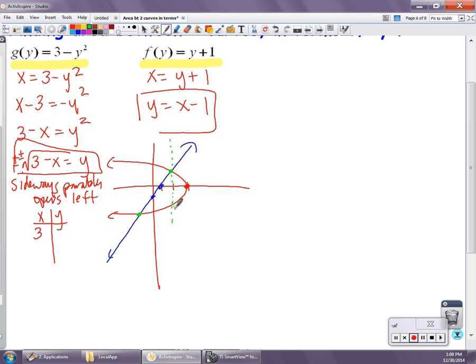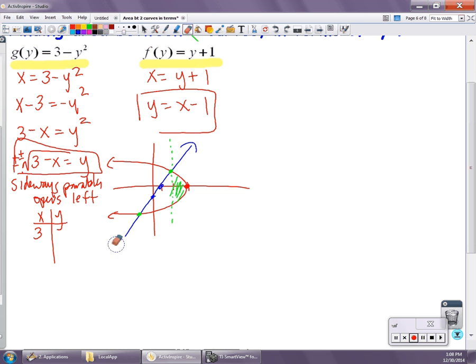Because between those two points of intersection, the blue line is the top curve, and the red bottom half of the parabola is the bottom curve, but when I get to the second point of intersection, I've still got some area that I'm going to have to go back and accumulate, and I'm going to have to do the top curve as the top half of the parabola, and the bottom curve as the bottom half of the parabola, which is probably already making you a little bit nervous.